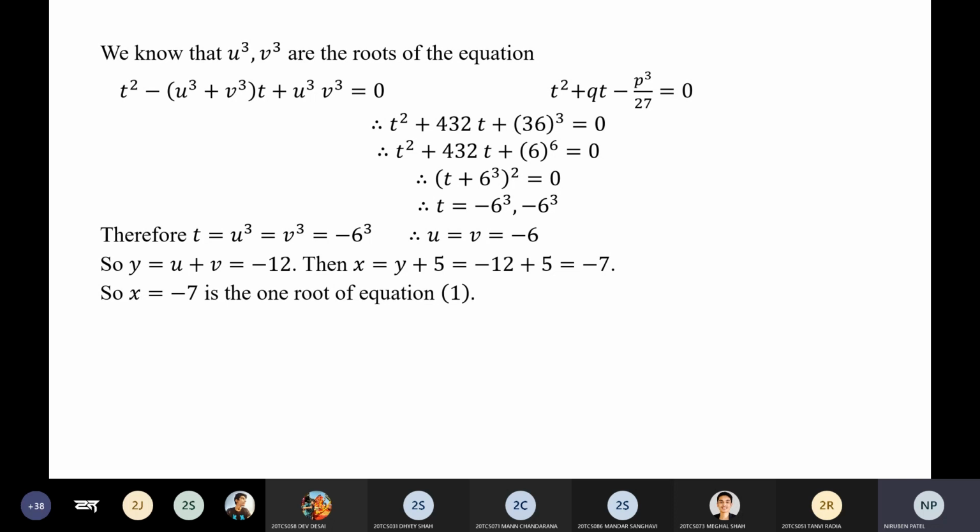Are you familiar with the synthetic division method? Hello? Are you familiar with the synthetic division method, beta?